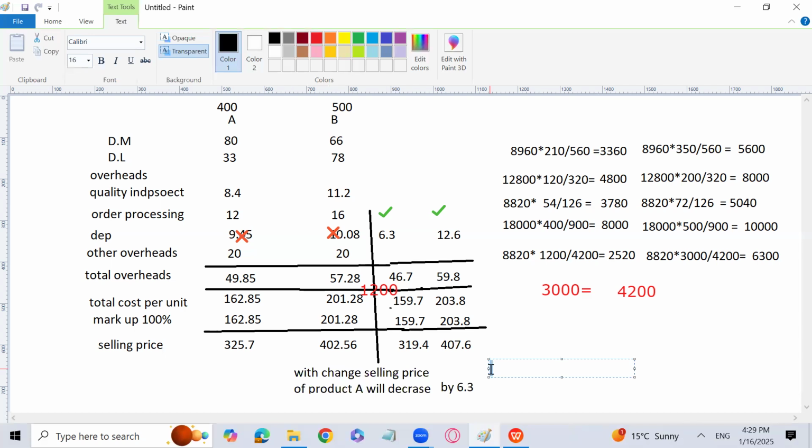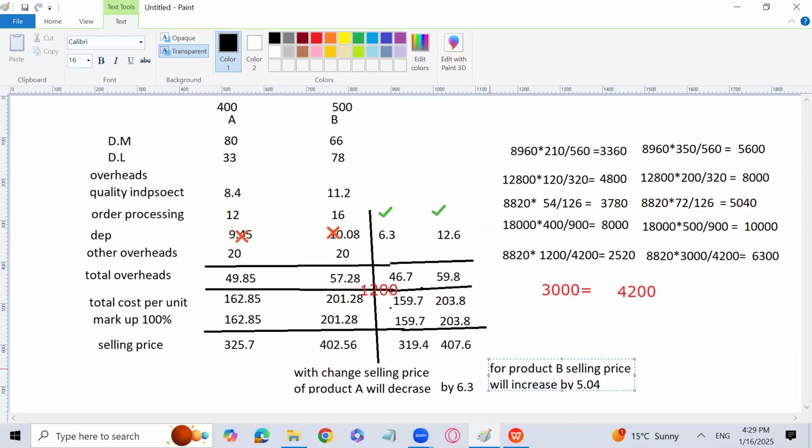Next, for product B, selling price will increase by 5.04. So you will write like this, right?